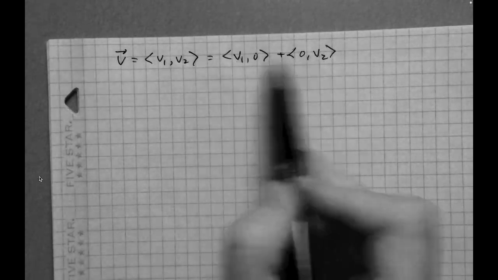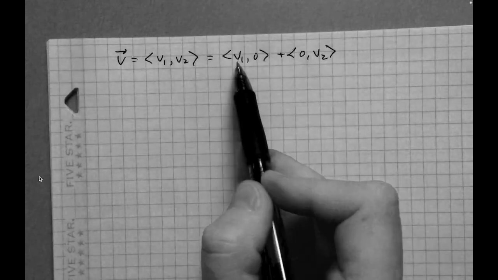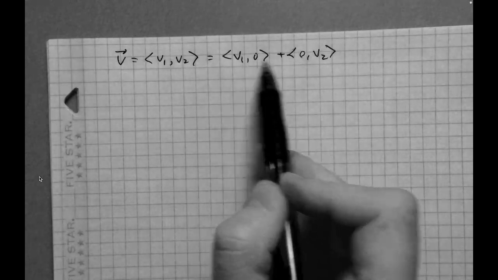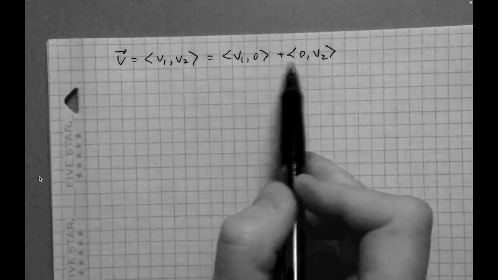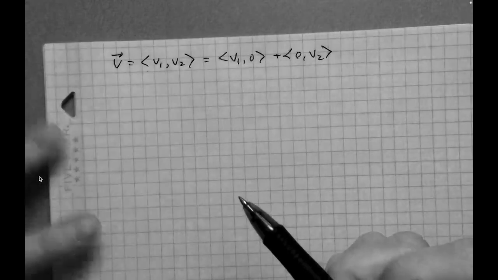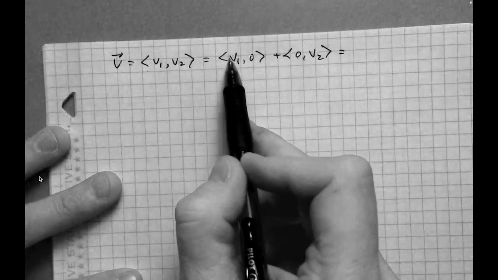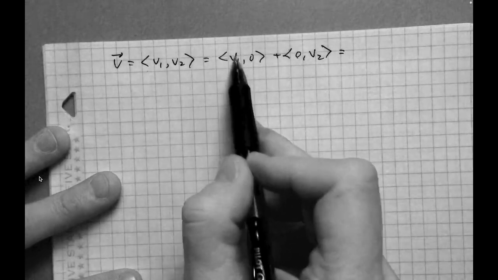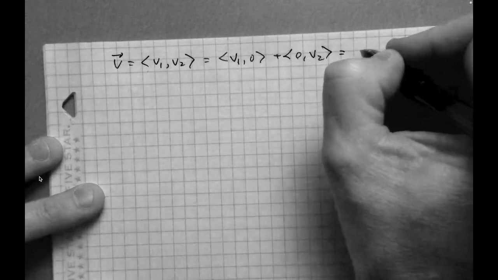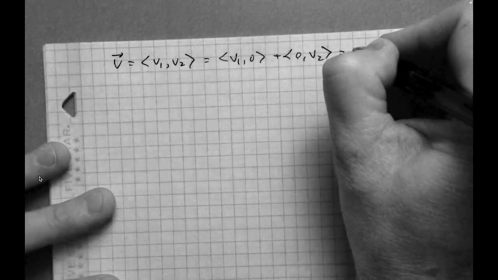You remember how, if you were adding these two vectors together, it'd be v1 plus 0 is v1, and then 0 plus v2 is v2. So clearly that works. And this is basically just a number, so I could factor it out and think of it as scalar multiplication.